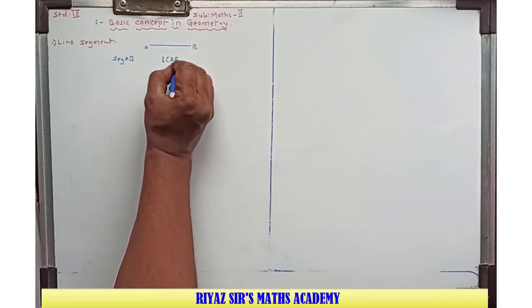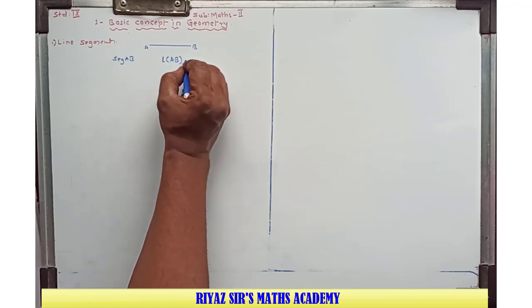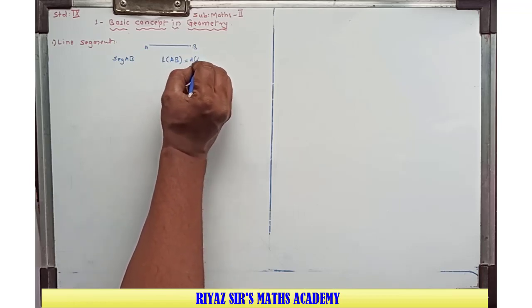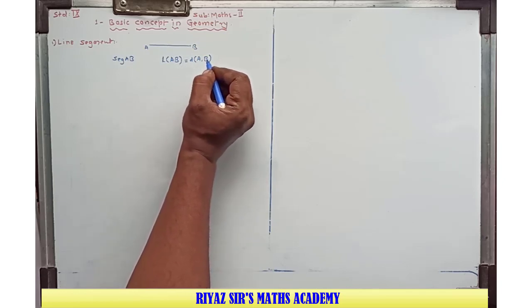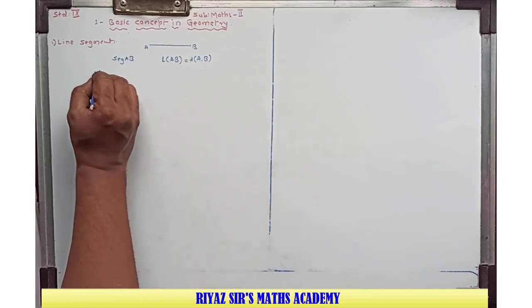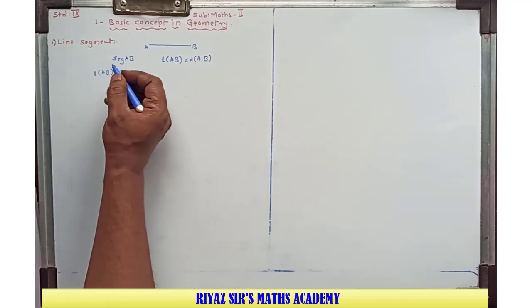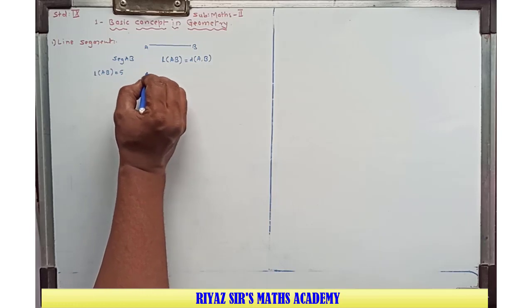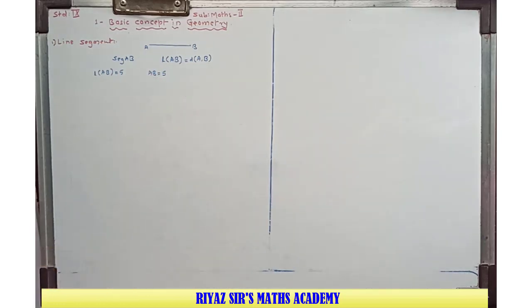Like here, if segment AB is given, then its length is denoted by length of AB, that is nothing but the distance between the 2 points A and B. If length of AB is equal to 5, it is also written as AB is equal to 5.